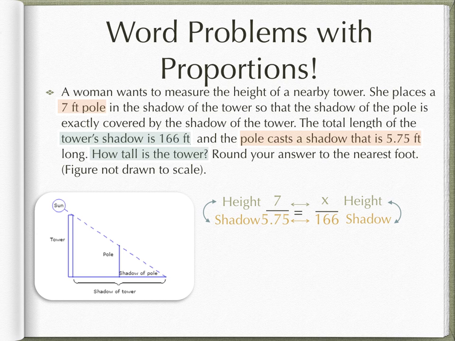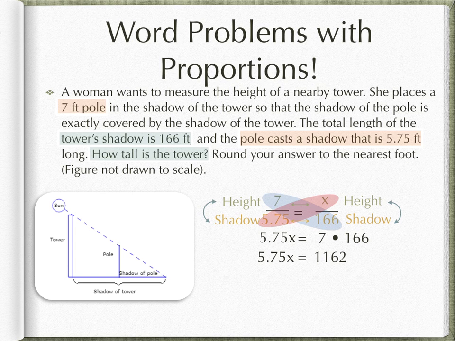So now we can go ahead and cross multiply. We get x times 5 and 75 hundredths, and 7 times 166. Then we're going to multiply out our right-hand side, and we get 5 and 75 hundredths x is equal to 1,162.